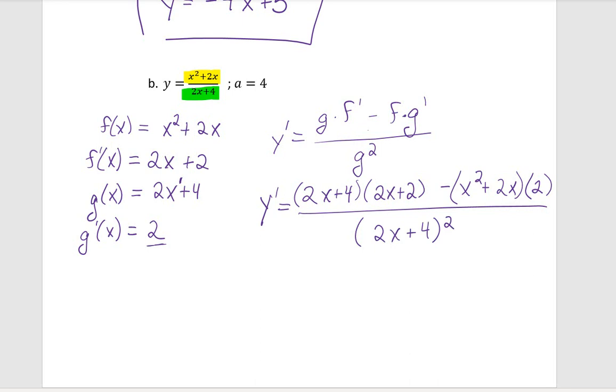Great. So now what we need to do is plug in 4 for our x value.